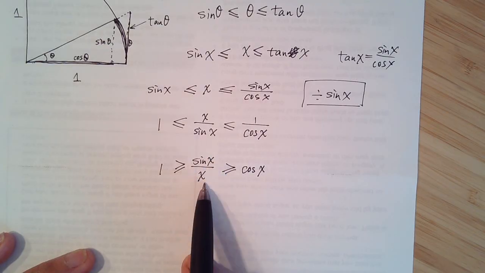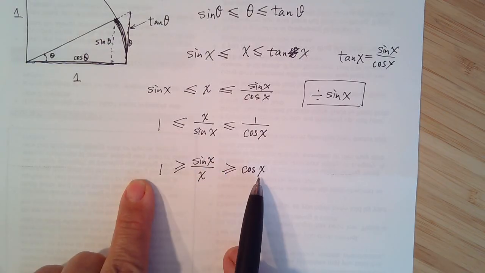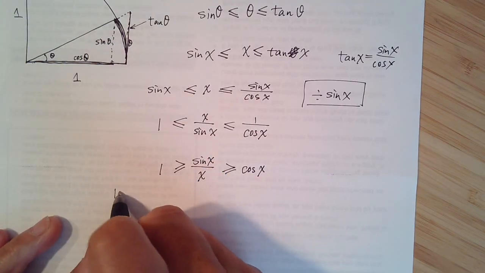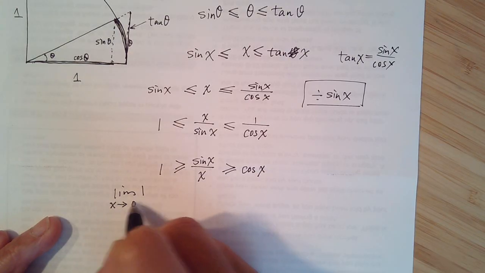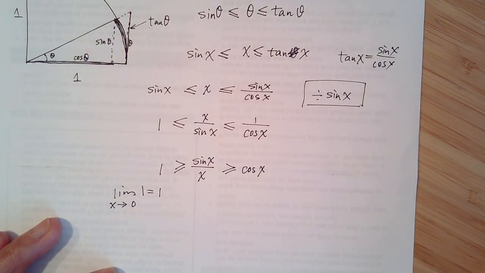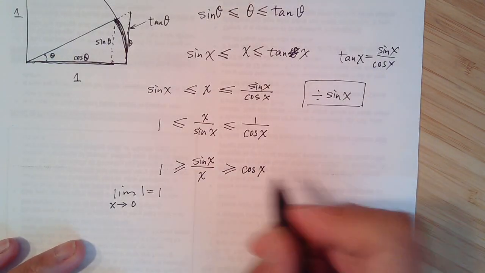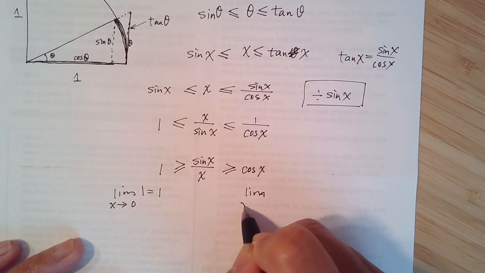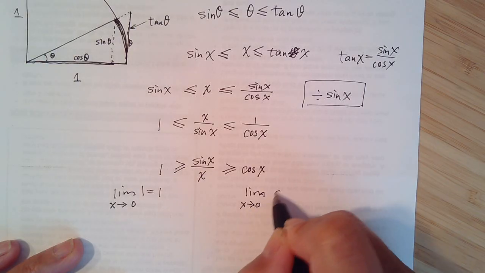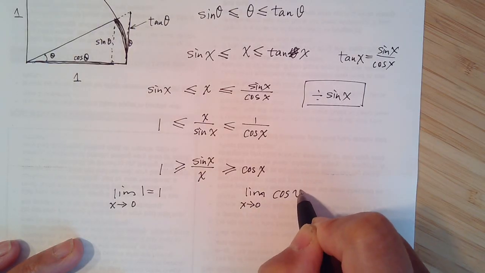Then I get this was squeezed by these two functions. So what is the limit of 1 as x approaches 0? It's just 1, isn't it? That's the first thing we learned. And what about this one? Limit when x approaches 0, what's the limit of cosine x?